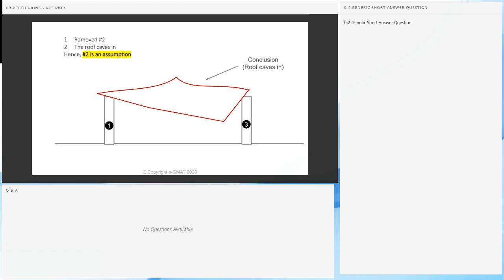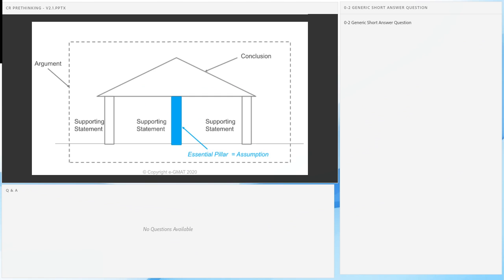And this is what must be true means, which means that, hey, you needed that pillar over here for the roof to stay upright, or you needed that assumption for the conclusion to not break down. That in many ways is essentially your central idea of what a must be true statement is. It's an essential pillar that ensures that your conclusion does not break down.